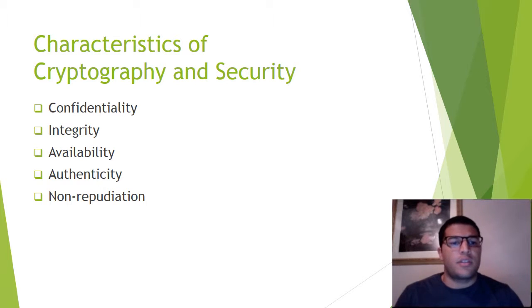Five characteristics of cryptography and security are confidentiality, which ensures that the message stays secret; integrity, which ensures that the message is unaltered; availability, which makes sure that both users have access to the message; authenticity, which ensures that the message is not sent from an imposter; and non-repudiation, which makes sure that each user made an action in the process.